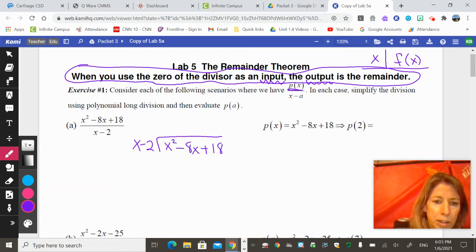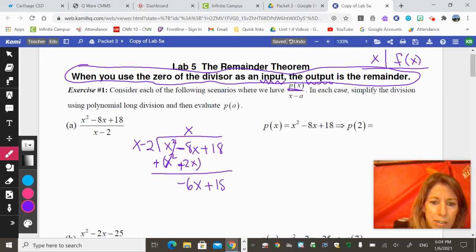And we all know that we want to multiply this x by something to get the x squared. So we distribute, x squared minus 2x. We're careful with our subtraction. This is negative 8 minus a negative 2, so it's the same as negative 8 plus 2, which is a negative 6x. And we have the plus 18. Then this would have to be a negative 6, and when we distribute that, it'll give us a negative 6x plus 12.